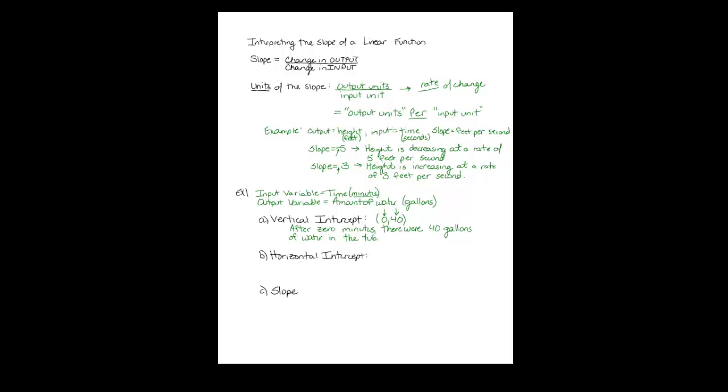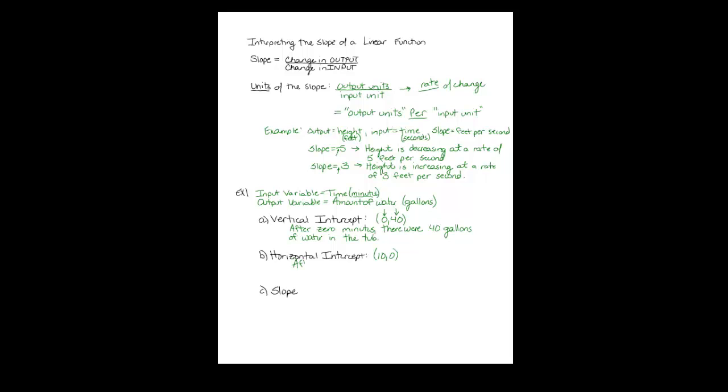All right, any interpretation has to include interpretation and units for both of the coordinates. And the same for the horizontal intercept. The horizontal intercept is 10, 0. You can get that just by looking at the graph, the x-intercept.